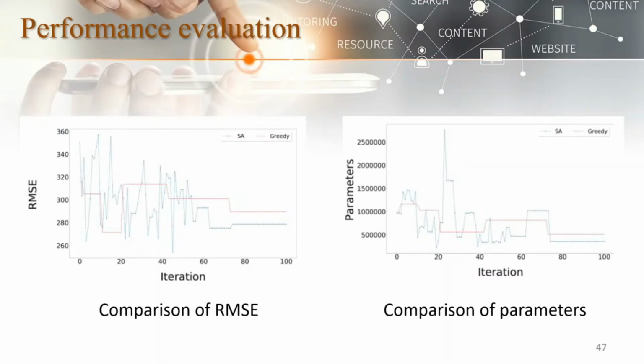The greedy-based algorithm shows a relatively stable downward trend, while the simulated annealing algorithm has the opportunity to accept poor solutions at an early stage to avoid quickly falling into local optima. The result shows that the simulated annealing-based algorithm can get better accuracy and fewer parameters.